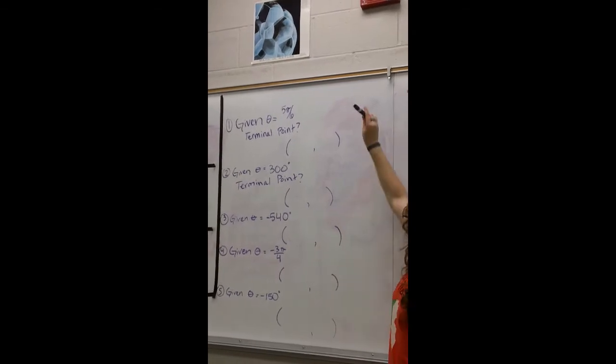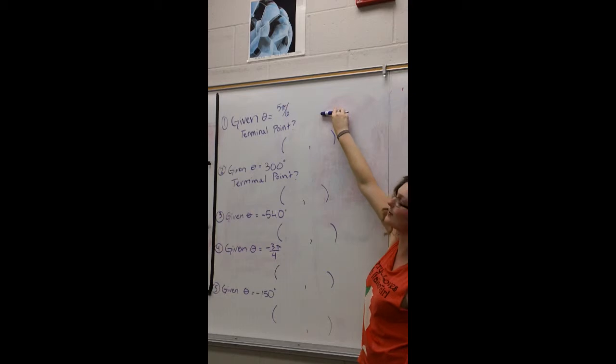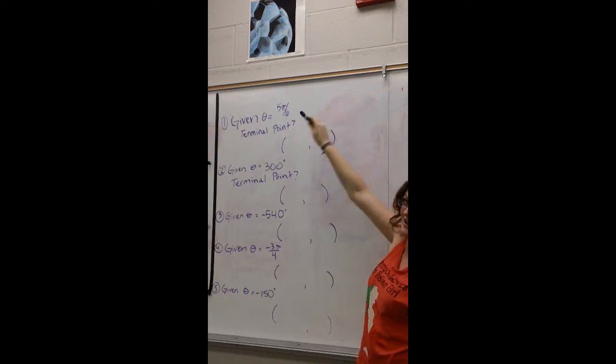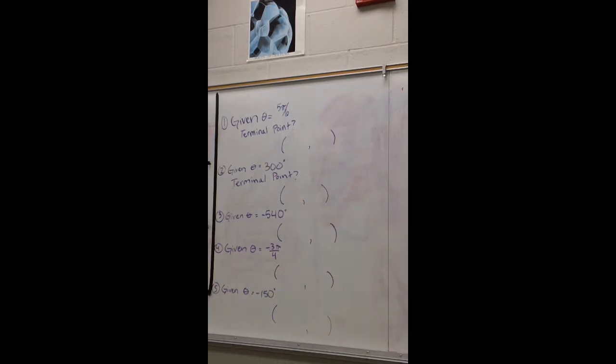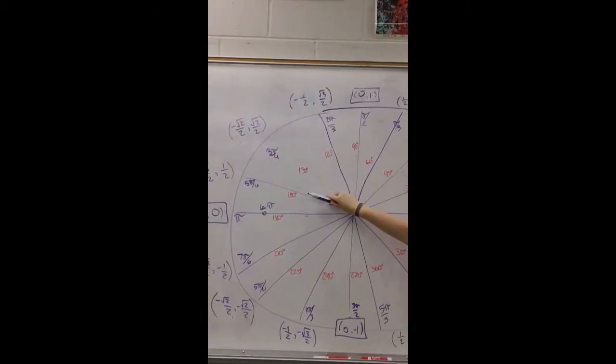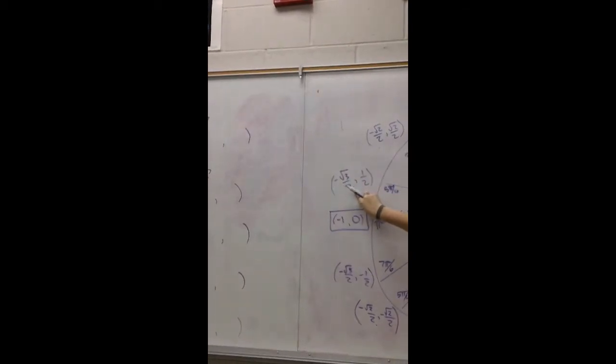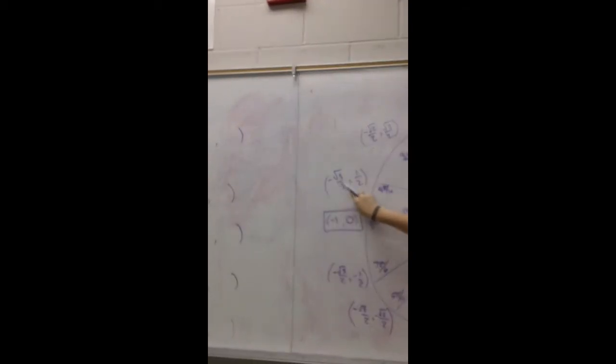And so, for number 1, it gives you 5π/6 for your radian. If you go back to the unit circle and you follow it to 5π/6, the terminal point of that would be negative radical 3/2, 1/2.